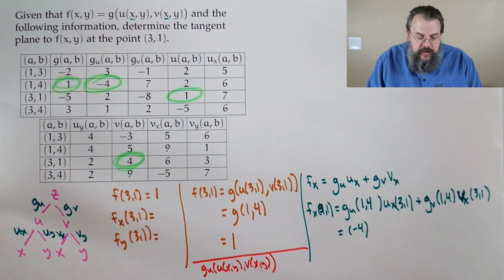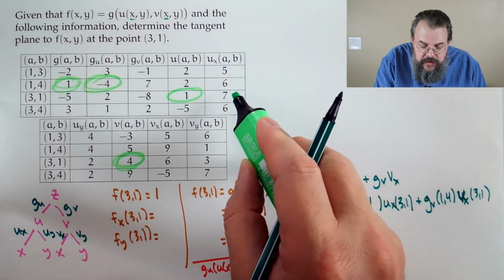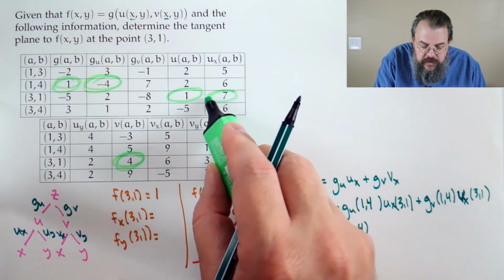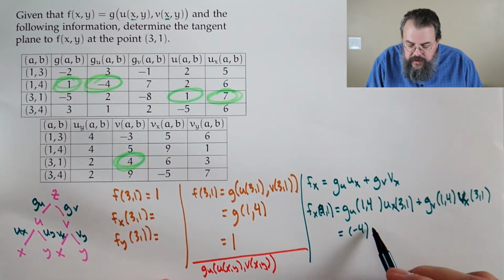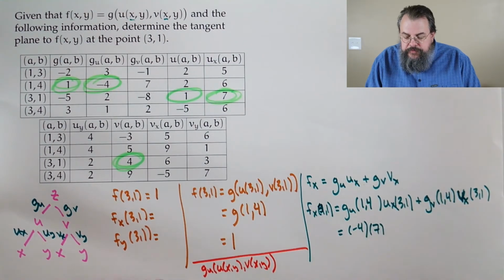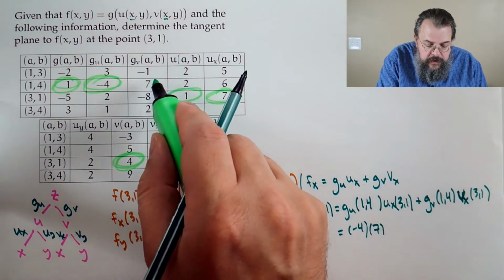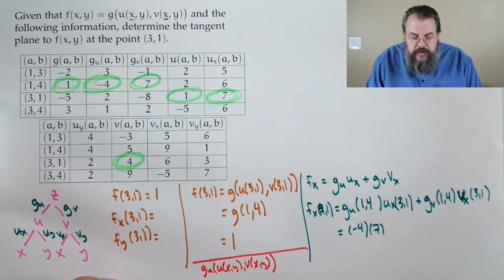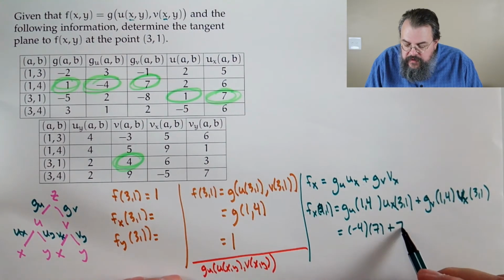u sub x at 3, 1. Okay, so 3, 1, u sub x, oh, there it is, 7. Okay, so negative 4 times 7. g sub v at 1, 4. Okay, that's 7. Oh, okay, that's all right. Plus 7.